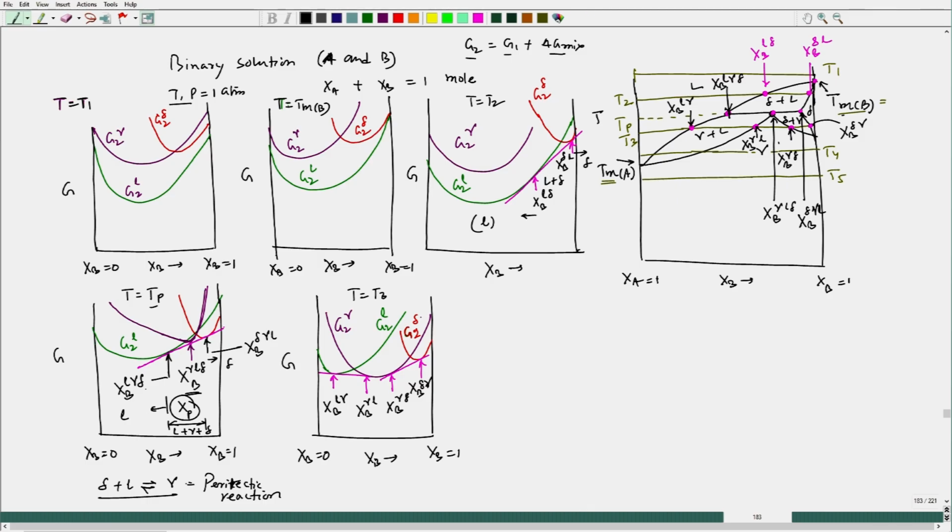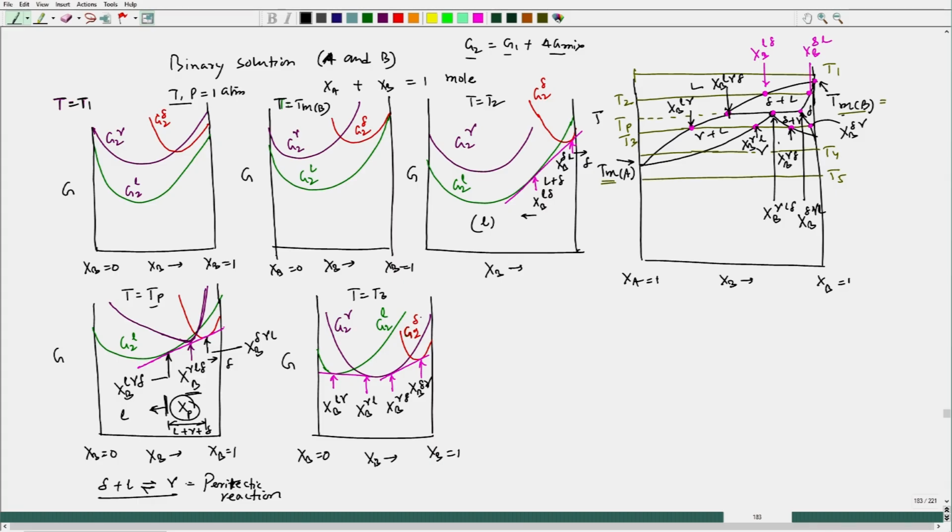Okay. So, like that way we demarcate those phases, and those are appearing, for example, considering common tangent rule and free energy hierarchy rule. For example, left to this G, liquid, gamma, delta, we see liquid has lowest free energy, and that is where liquid would be stable.